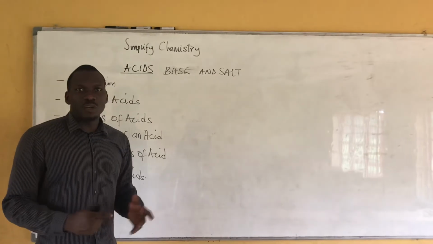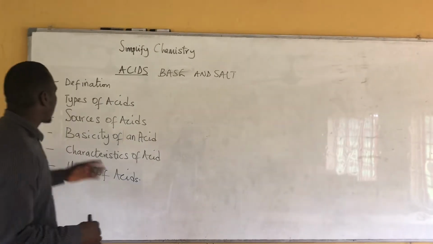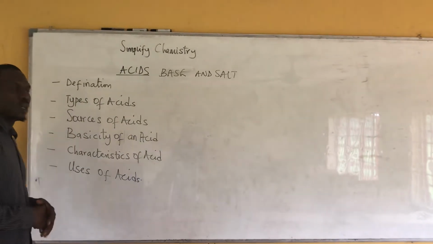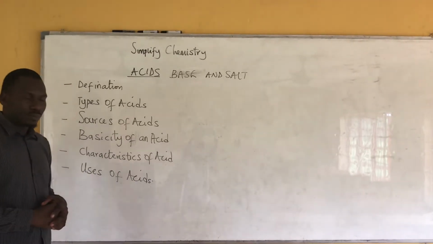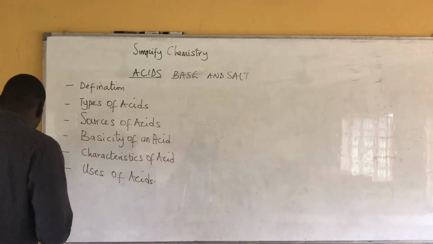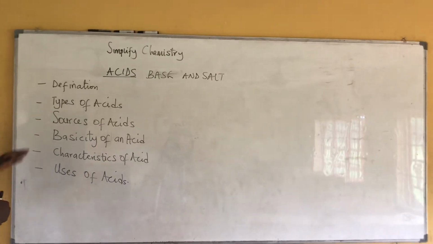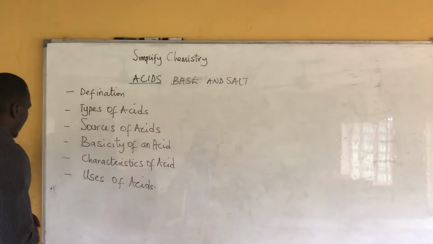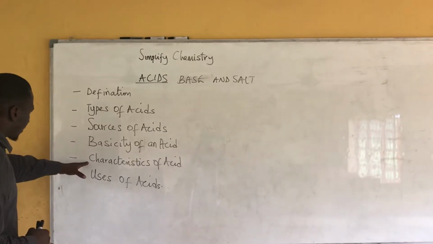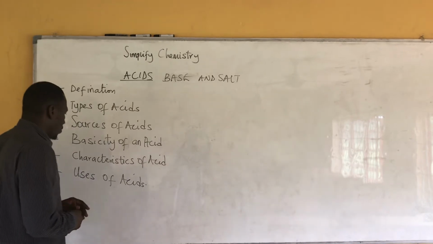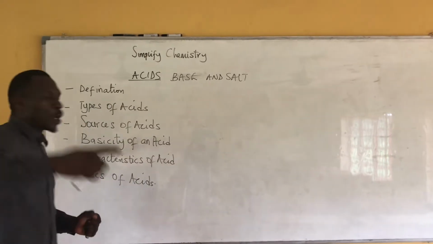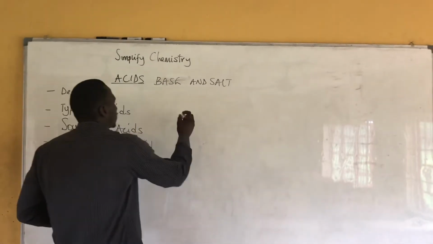What are we expected to learn in today's class? We're expected to know the true definition of acid, types of acid, sources of acid, basicity of an acid, characteristics of an acid, then the uses of an acid. Join me as we learn together.